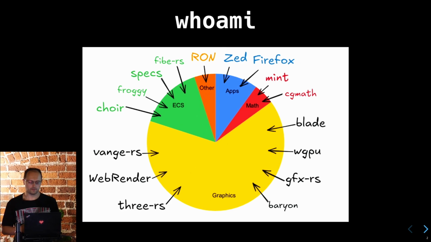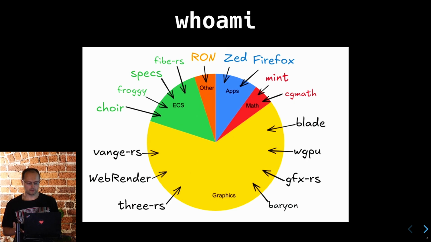I also contributed to applications, mainly Firefox, the browser, and Zed. In Firefox, I did the WebGPU support and a lot of the graphics stack. And Zed browser is powered by basically all of the graphics and portable code for Linux, and some of it is also working for Windows.